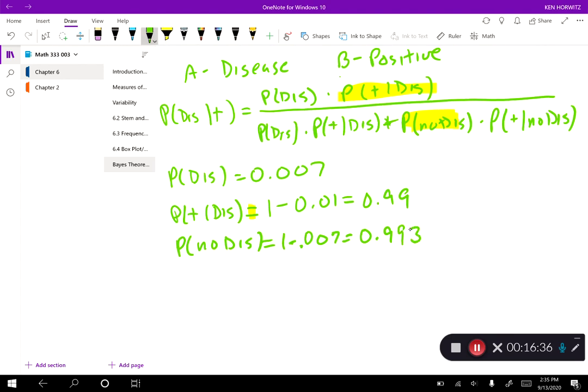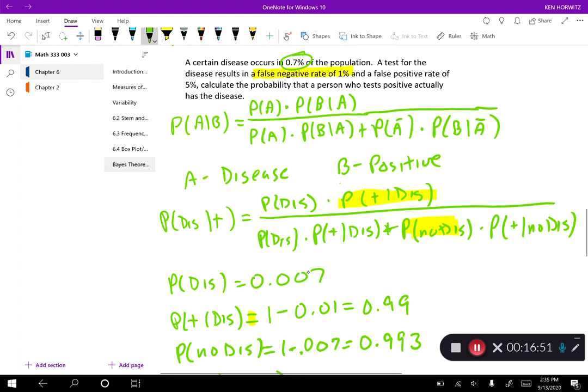And the last piece of information we need is the probability that you're going to test positive given that you are not sick or have no disease. And we can scroll up to our problem and say the false positive rate is 5%.